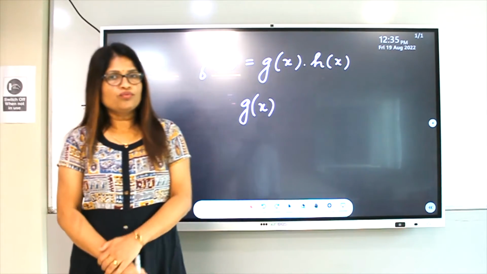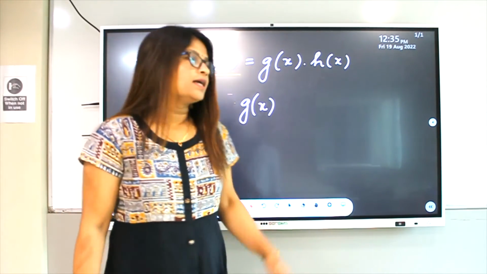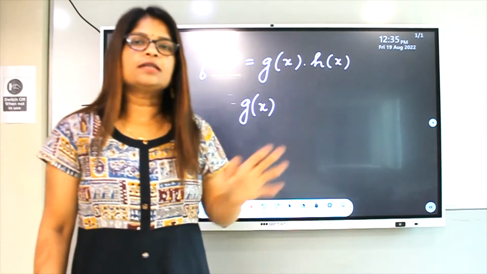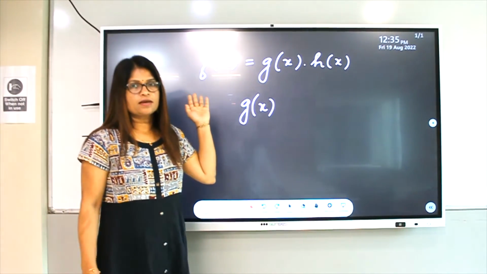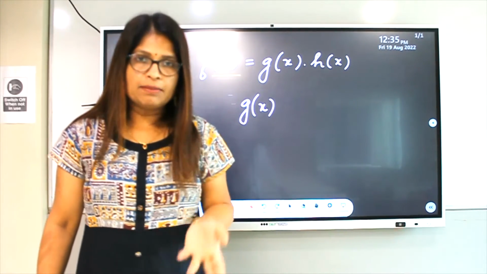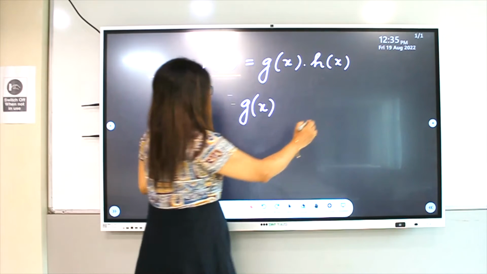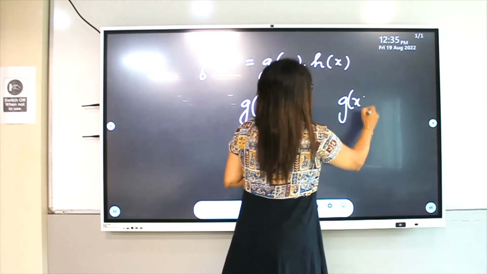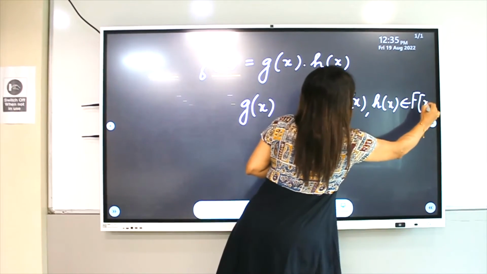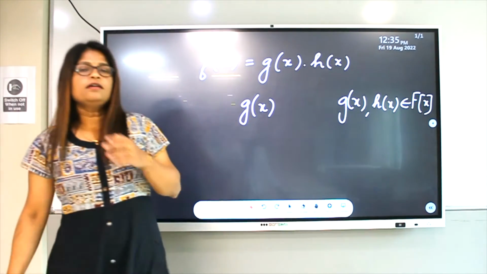Now let us see the proof of this result. Suppose that we have the function f(x), which can be written as the product g(x) times h(x), where both g(x) and h(x) are elements of F[x], where F is a field.